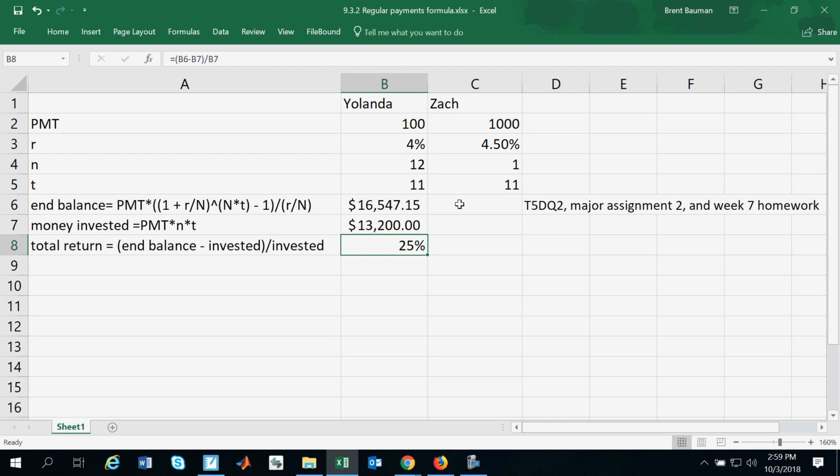Okay. And let's go ahead and repeat the process for Zach. So again, we're starting with trying to find the end balance.